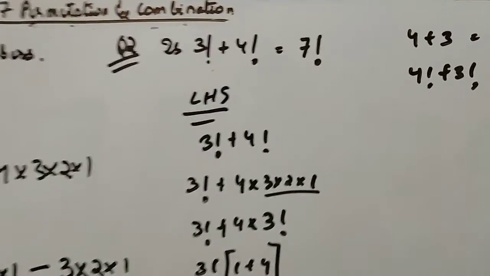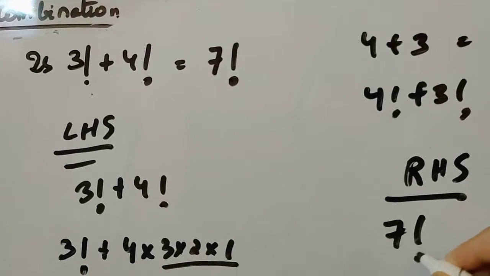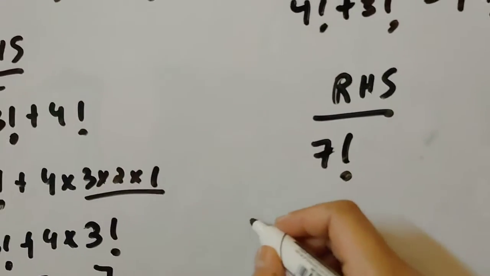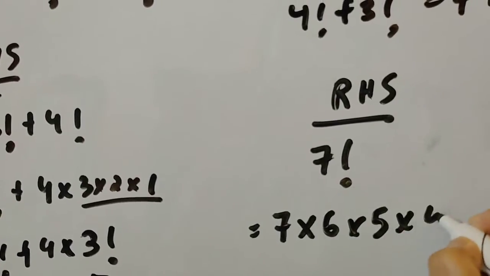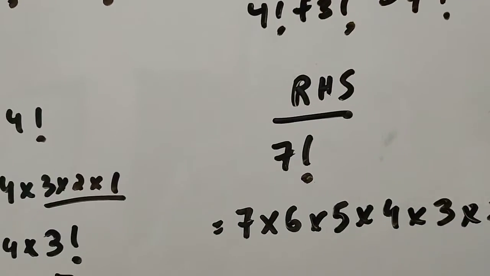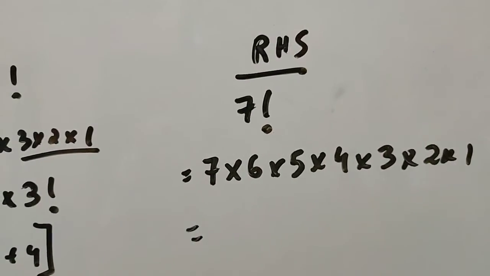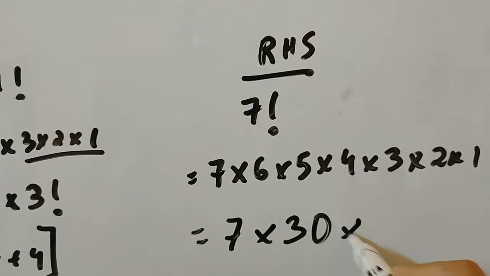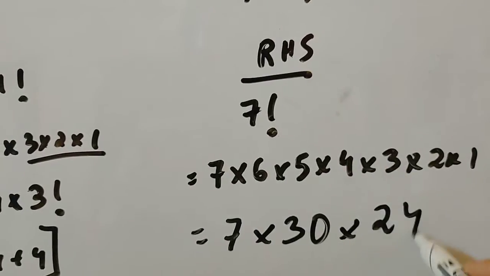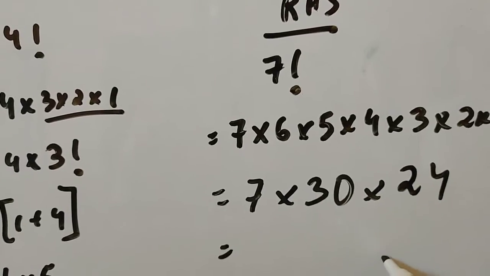Now the right hand side part. The right hand side was your 7 factorial. Let us evaluate 7 factorial: 7 into 6 into 5 into 4 into 3 into 2 into 1. Now you calculate all this. 7 into 5 6s is 30, into 3 4s 12, 2 is 24.